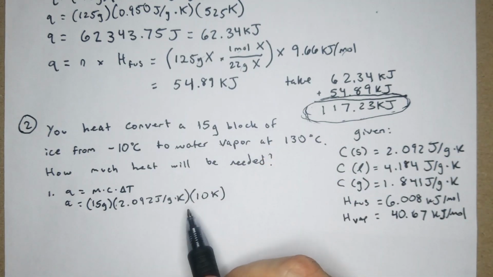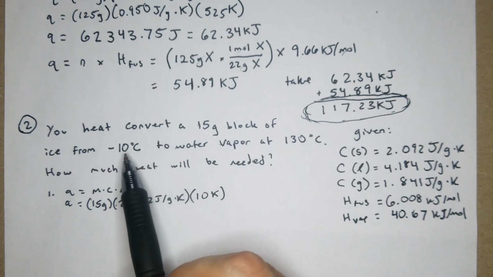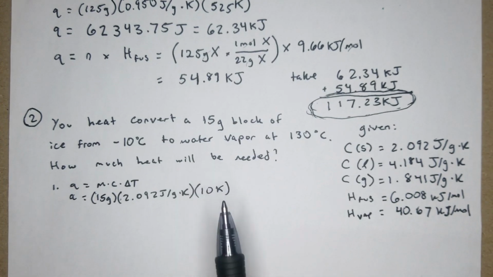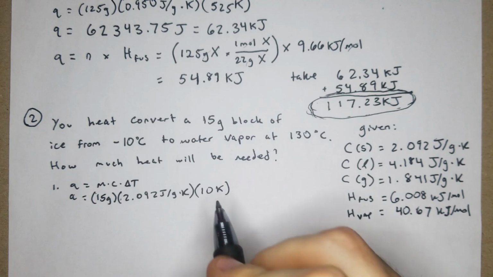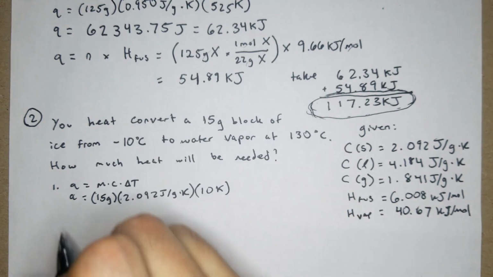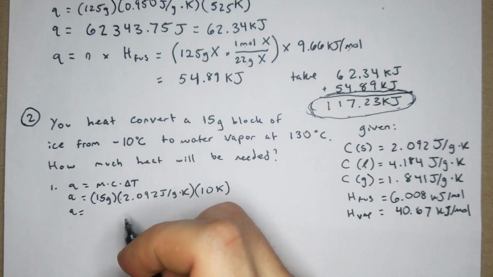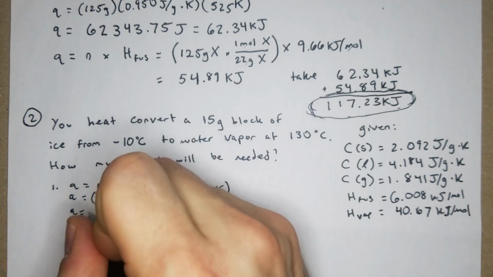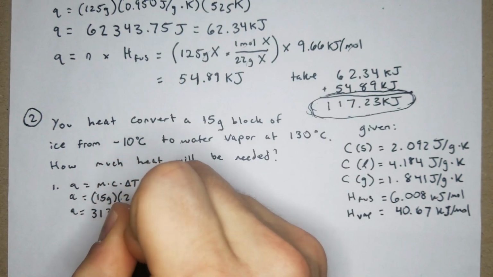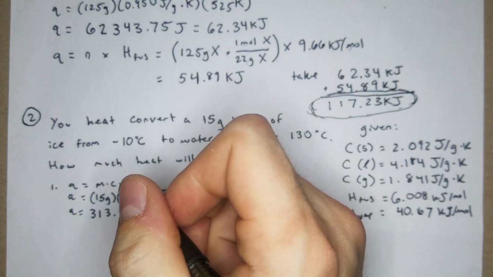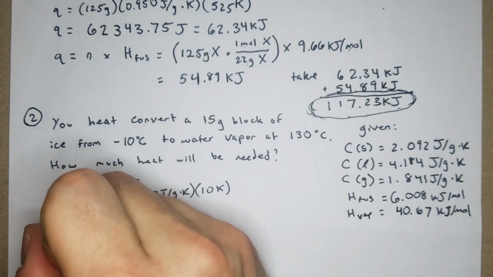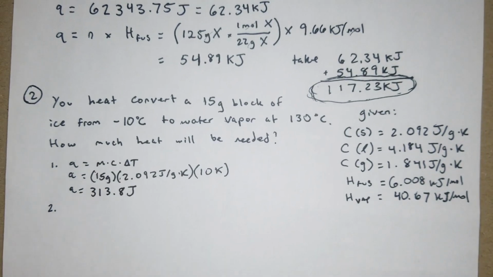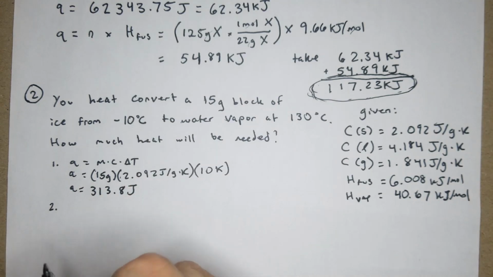Even though Kelvin doesn't go into negatives, we know that from -10 to 0, I think a lot of professors will expect you just to know that water freezes at 0 degrees. So 15 times 2.092 times 10, we're going to get 313.8 joules. And if any of this seems obvious, feel free to skip ahead or pause the video at any time and try the question yourself and then compare it, or watch at 2x speed or whatever helps.